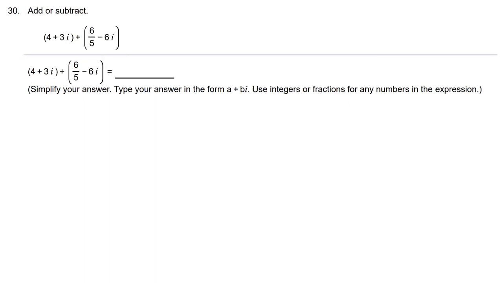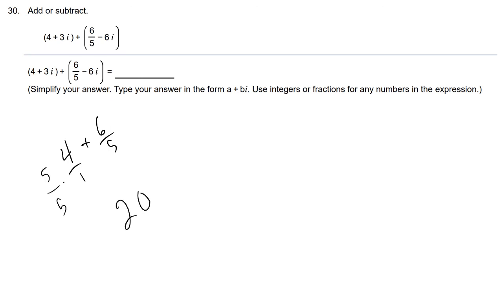This one asks us to add or subtract, and this looks really scary, but trust me, it's not. When we add or subtract two complex numbers, there are some imaginary parts. That's what the i means. And we treat it just like variables. We add the real parts with the real parts and the imaginary parts with the imaginary parts, which means what we really are going to do to solve this problem is say 4 plus 6/5. In order to do this, we probably want to get common denominators. So I'm going to multiply both the top and bottom here by 5.